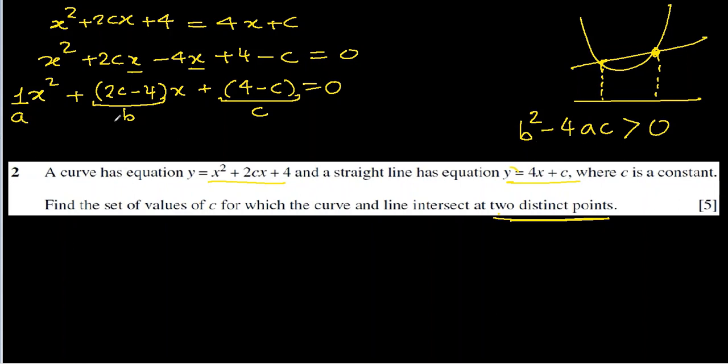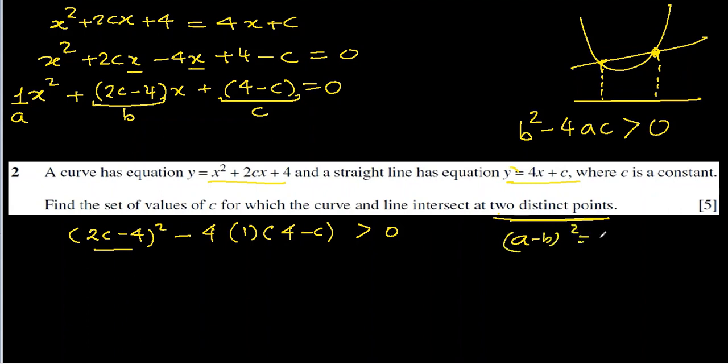So b square, that means 2c minus 4 square, minus 4 times a is 1, c is 4 minus c, should be greater than 0, positive, right? So let's open this bracket. I'm expanding this by using this identity.